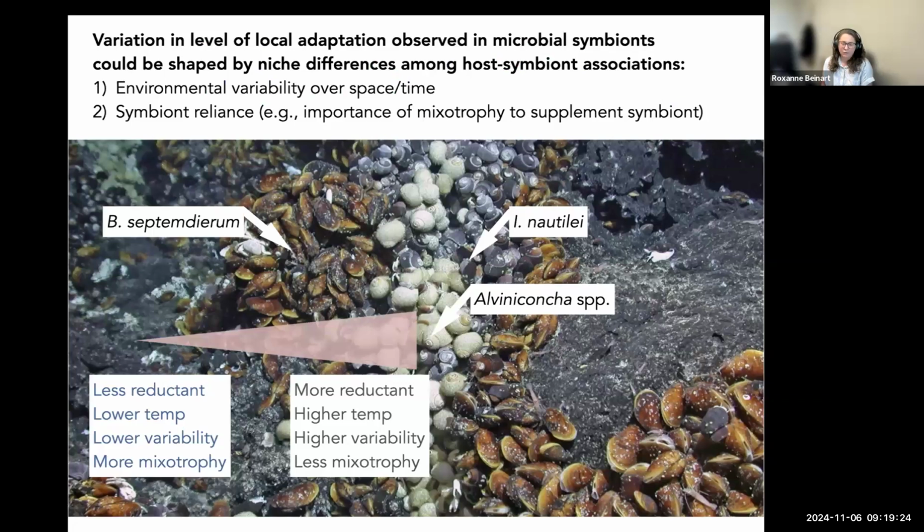They don't really eat other food. Whereas the mussels are sort of in an environment that may be more stable across different vent fields. There's lower variability, and they also do retain some ability to filter feed and to eat other types of food. And so this may mean that the selection pressure for having a locally adapted symbiont is less. So this is our explanation for why we're seeing this pattern in the mussels versus the snails.